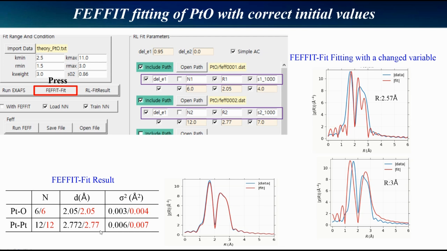To reveal the limitation of FEFFIT fittings, we tried fitting the mimic data with an initial bonding length of 2.57 or 3 angstrom for the platinum path, without changing the other initial values. I only changed the second peak bonding length.